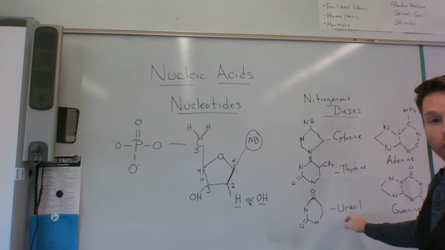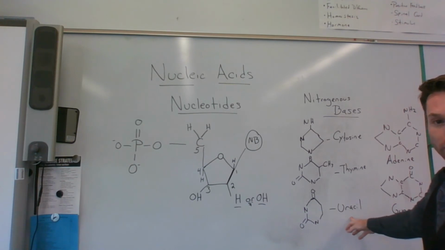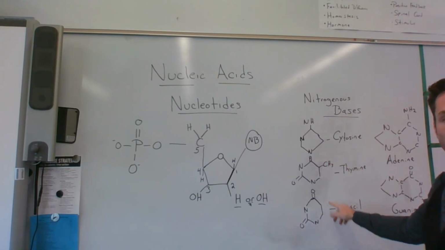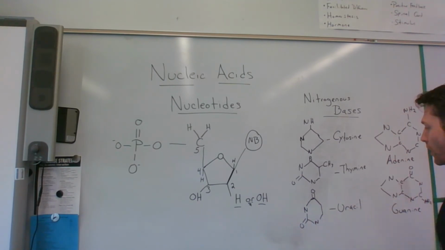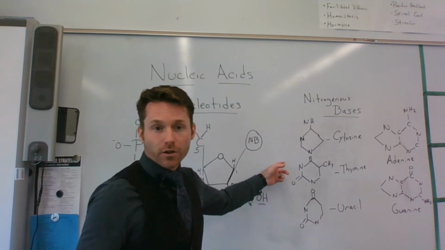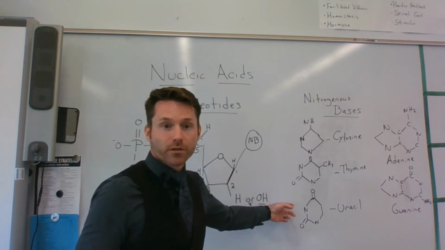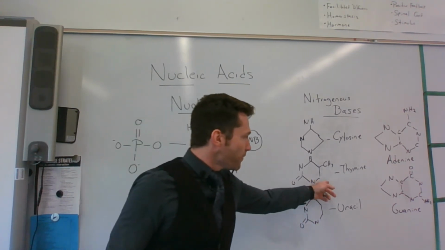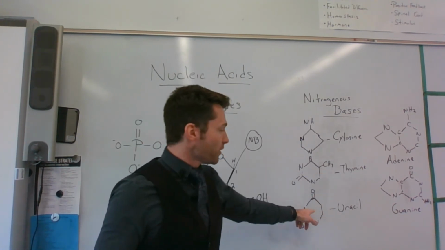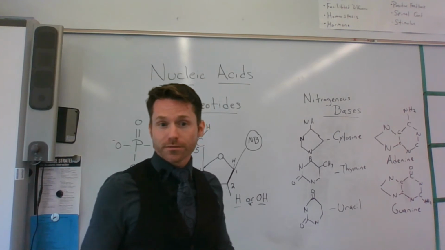And then I have uracil, which is found only in RNA. So cytosine is in both, uracil is RNA, thymine is DNA. Now what I'd like you to look at is just how similar uracil and thymine are. The only difference is that thymine has a CH3, where the uracil has just the H.